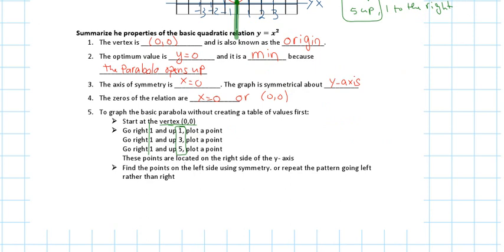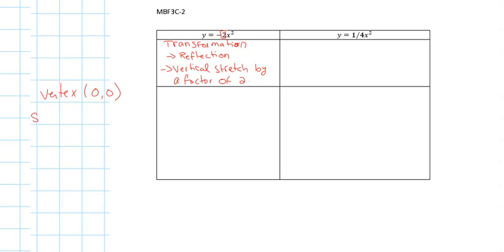Very important. So the step pattern is A times 1, 3, 5, and my A is negative 2. So it's negative 2 times 1, 3, 5. That's negative 2, negative 6, negative 10.